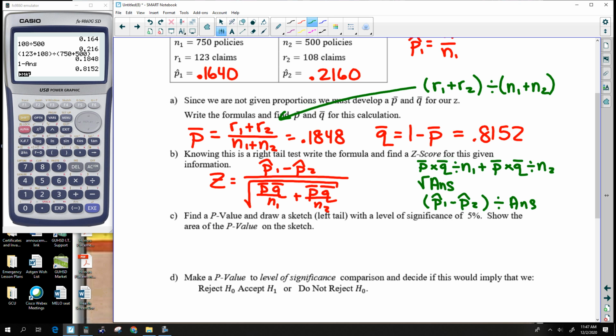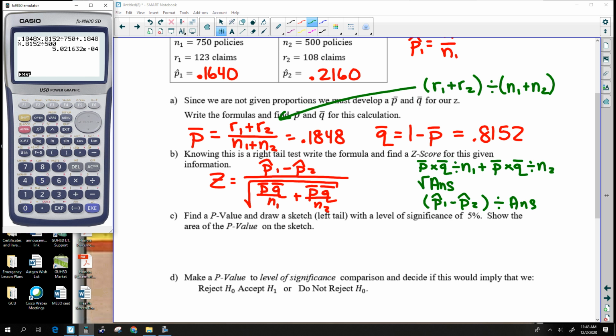So this is how I type things into my calculator. The first one is the longest one, so that's going to be P bar times Q bar divided by N1 plus P bar times Q bar divided by N2.